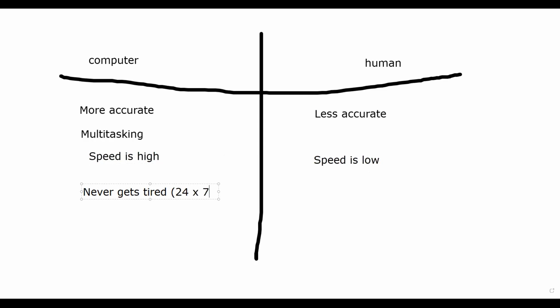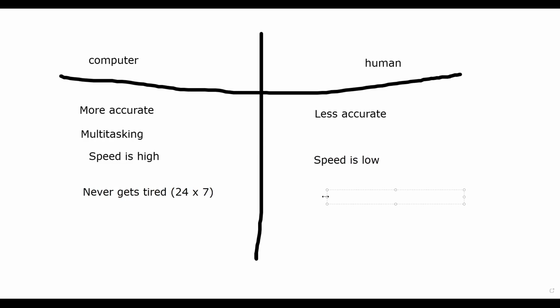What do you mean by 24 by 7? 24 hours, throughout. Yes, exactly. Computers can work for 24 hours, 7 days per week, which means the whole year, right? Without taking any break.